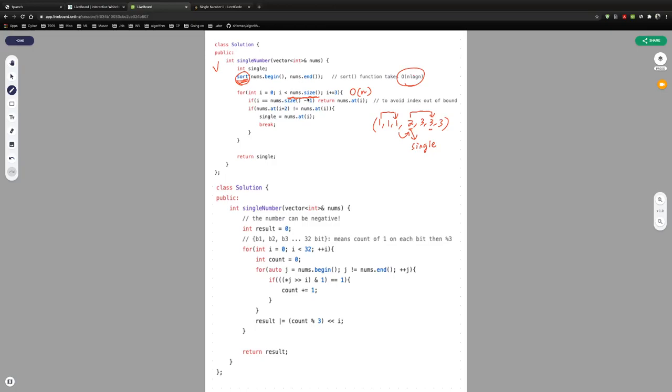So in fact, the time complexity of the sort function is even more than the for loop. This is one thing you need to know about it. Okay, so next I will talk about the second solution.